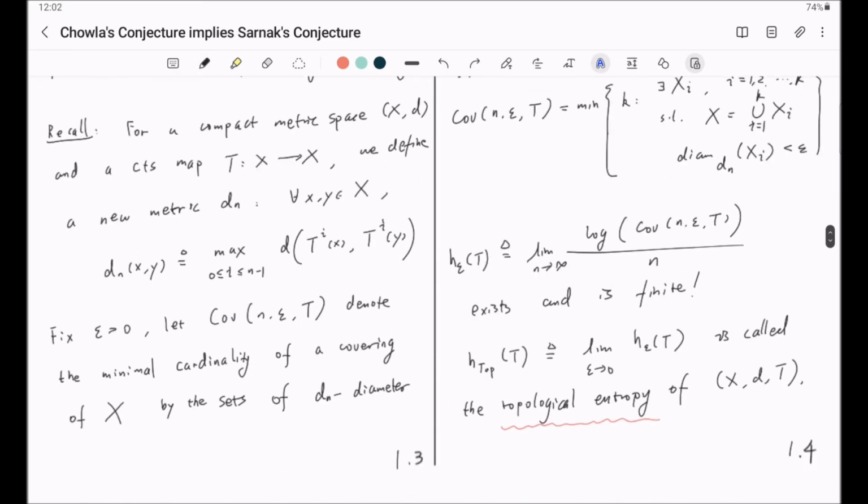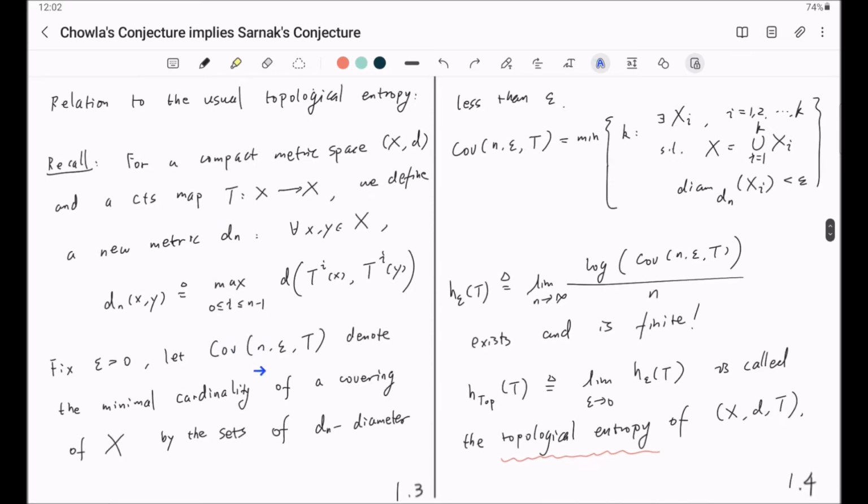And now you can define this covering number, C(n, epsilon, T).